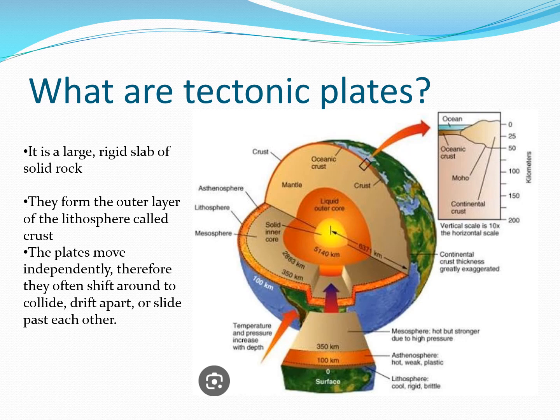We then have a core which is divided into the outer core and the inner core. If you look carefully at the picture of the Earth, you will see what I'm talking about, the inner core and the outer core.